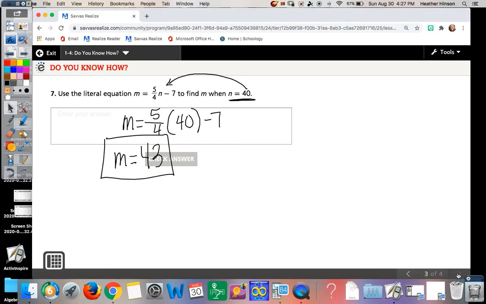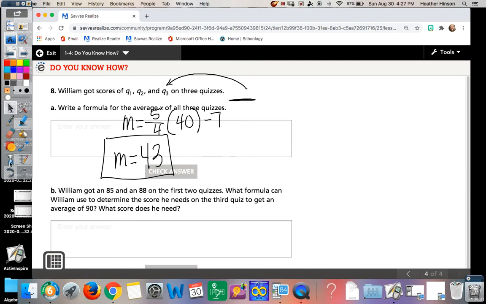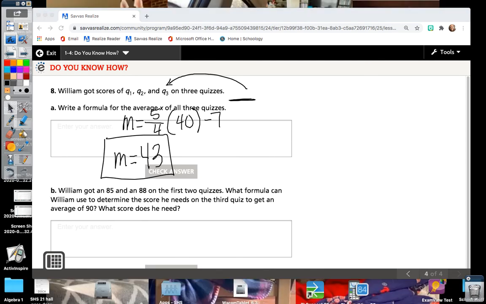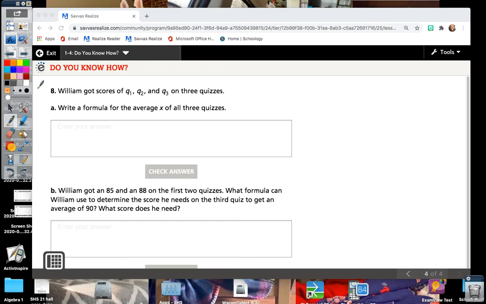And the last one, number 8, we have 2 parts to this one. William got a score of Q1, Q2, and Q3 on his 3 quizzes. So we need a formula for the average of all 3 quizzes. The average is going to be x right here.